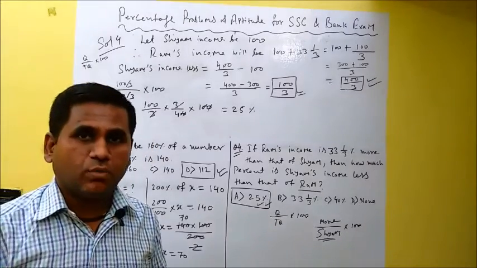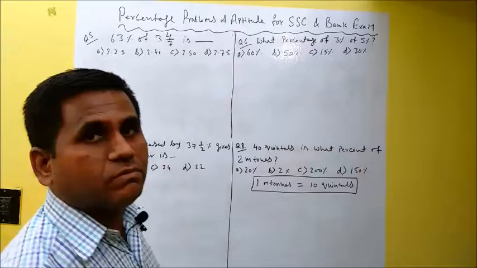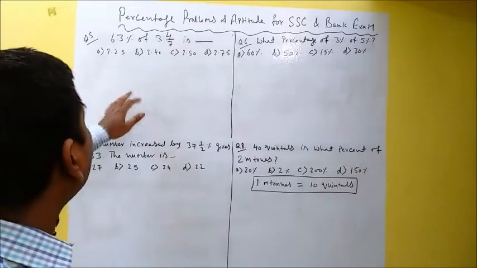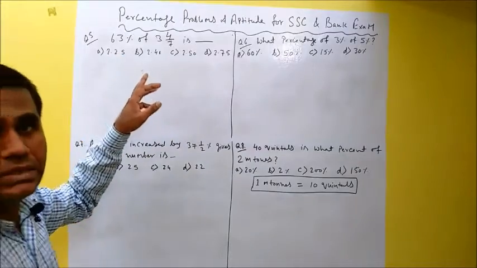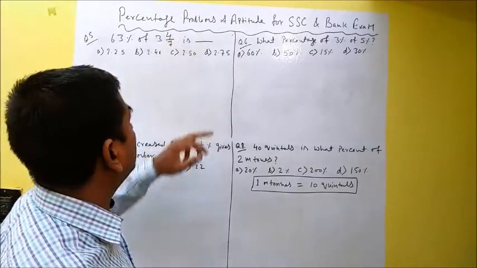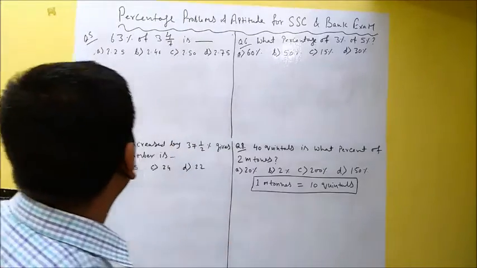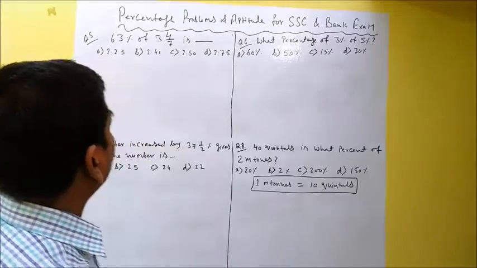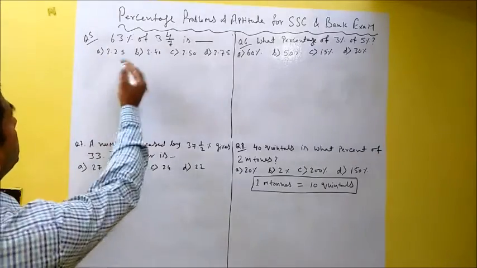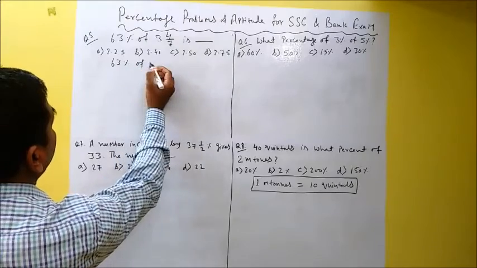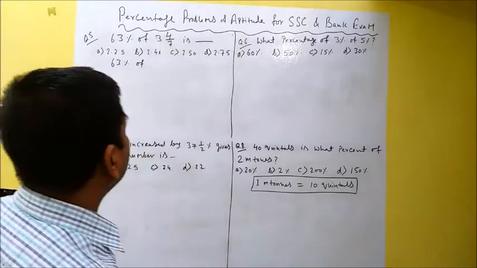Now let us see some more questions. Here I am ready with another set of questions, friends. Let's start with question number 5. Question number 5 says: 63% of 3 and 4/7 is dash. Let's calculate this. It's a very straightforward question. 63% of 3 and 4/7.